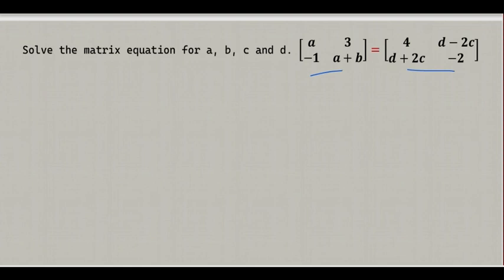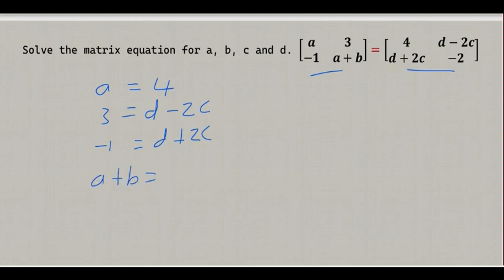That means A is equal to 4 on the other side. That also means 3 is equal to D minus 2C. That also means negative 1 is equal to D plus 2C. That also means that A plus B is equal to negative 2.